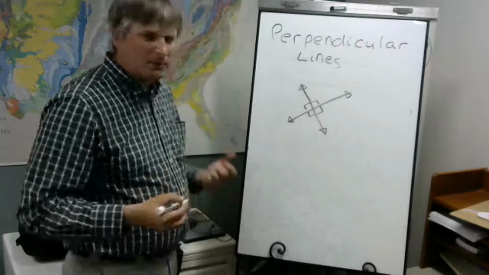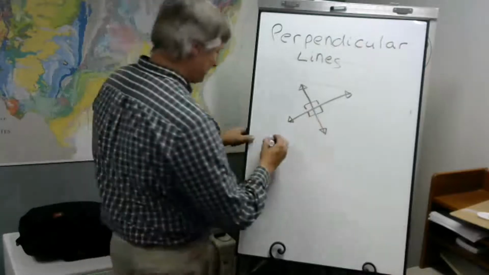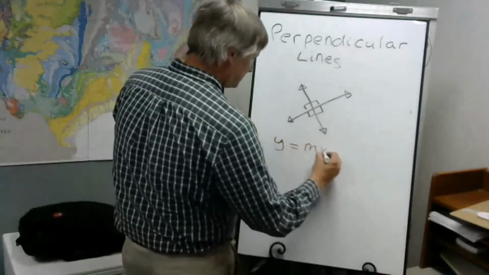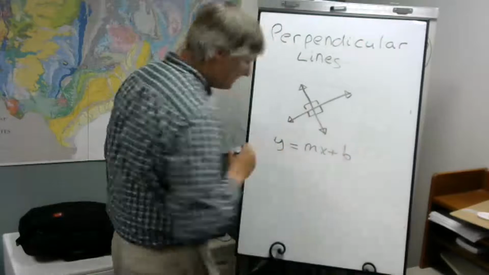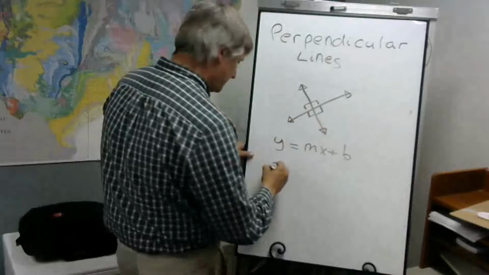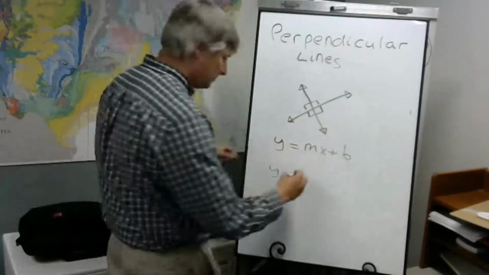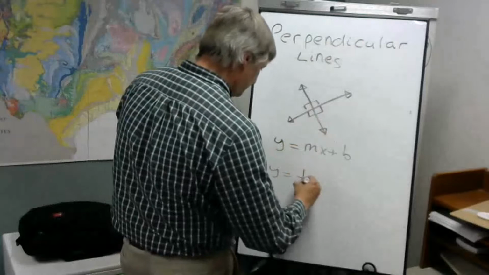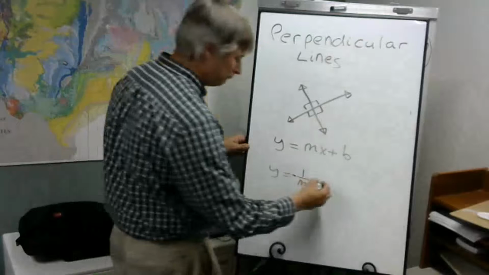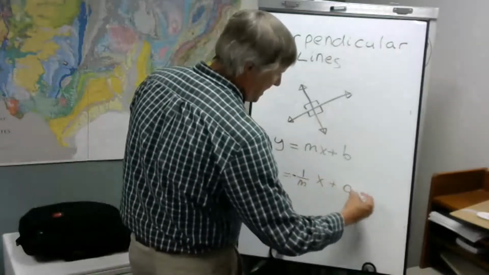So how do we come up with a line that's perpendicular? Well, this is how it works. If you have a line that's y equals mx plus b, a line perpendicular will have a slope like this. We take the original slope, we flip it, and make it negative. And then x, and you could use any y-intercept, we'll say a.